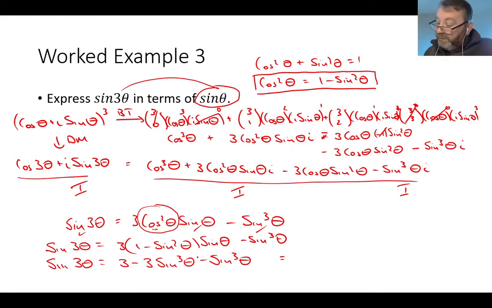And that means finally that if I have 3 sine cubed thetas and I lose 1, that's 3 minus 2 sine cubed theta. And that's sine 3 theta expressed in terms of sine theta. That's it. So hopefully you got that right. If not, try it again. Practice, practice, practice. Extremely important, because practice makes perfect.